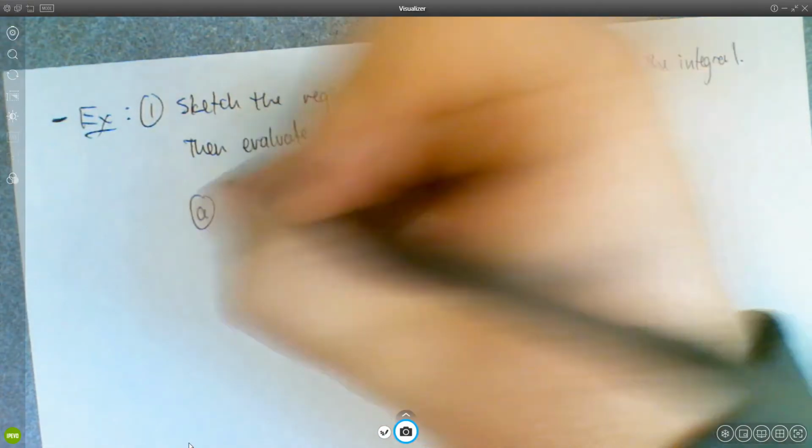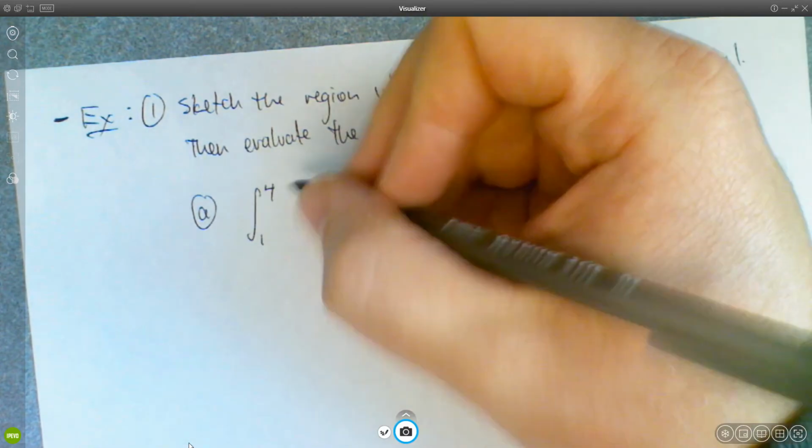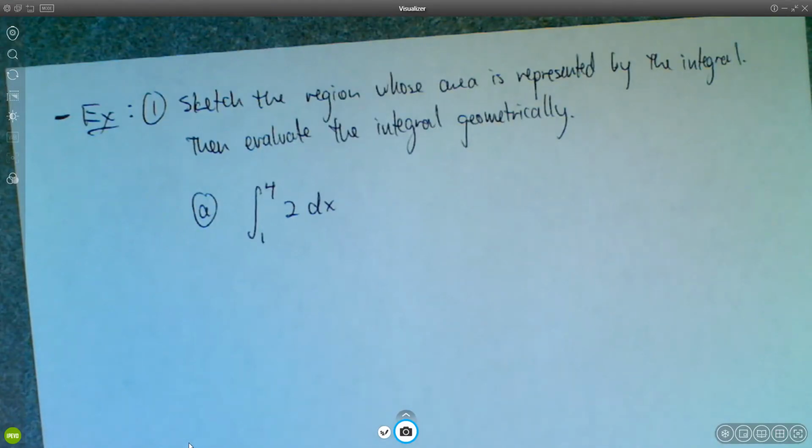Let's do this with this example here. We have the integral from 1 to 4 of 2 dx.